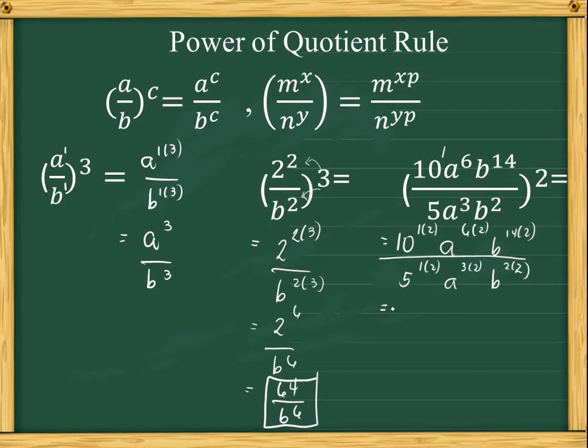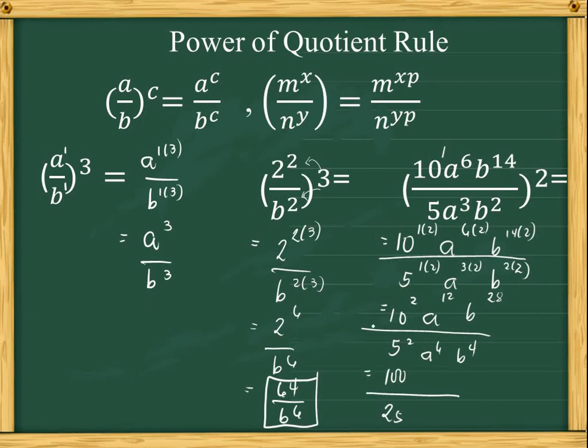So, this is 10 raised to 1 times 2 is 2, a raised to 6 times 2 is 12, b raised to 14 times 2 is 28, all over 5 raised to the 1 times 2 is 2, a raised to the 6, b raised to the 4th power. Simplifying this one, 10 squared is 100, all over 25.